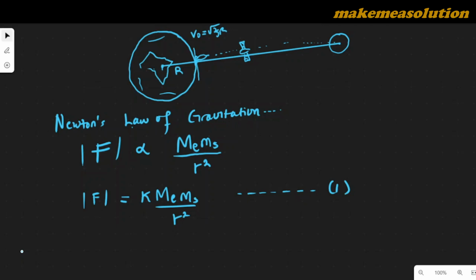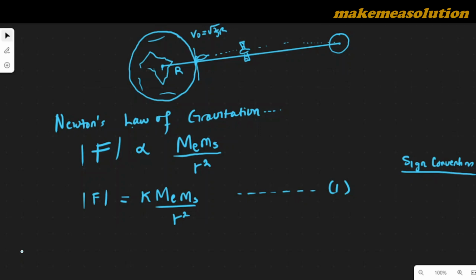So let me define my sign conventions here. I'm going to choose a reference point for defining my sign convention. The reference point is towards the center of mass of the Earth.